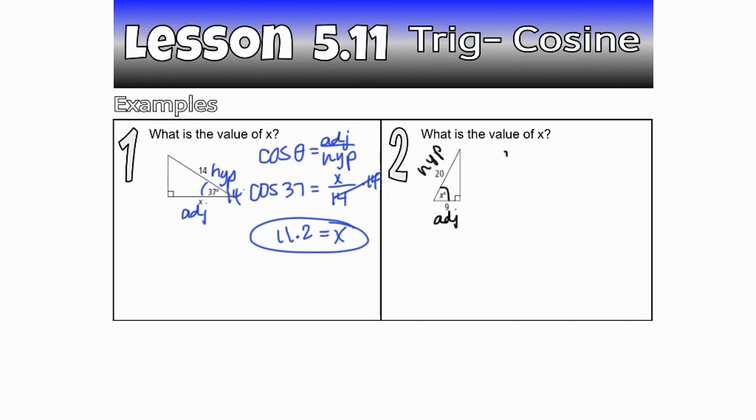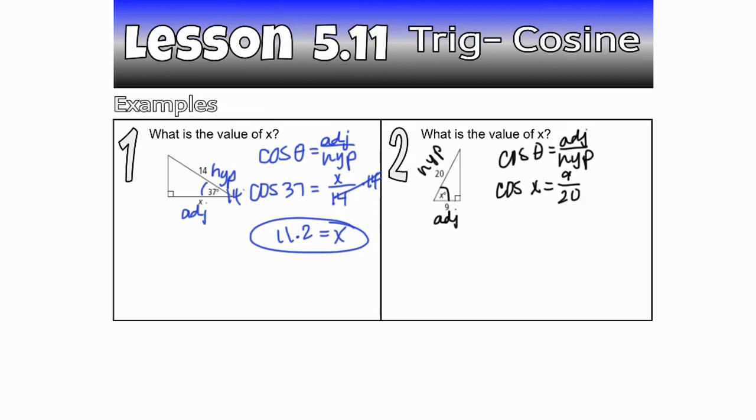So I have the cosine of theta is going to be equal to the adjacent divided by the hypotenuse. So I'm going to have the cosine of x is equal to the adjacent, which is 9, divided by the hypotenuse, which is 20.